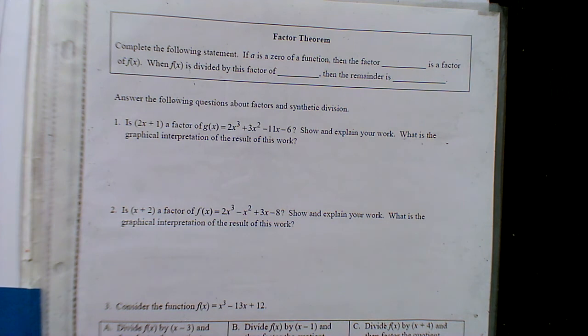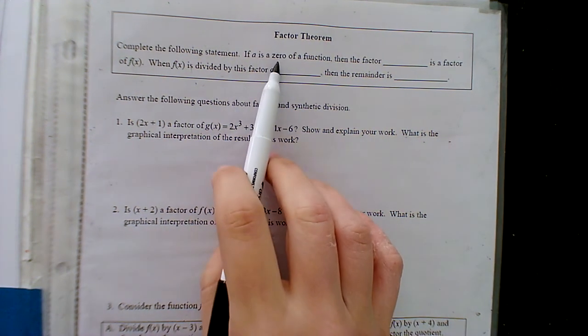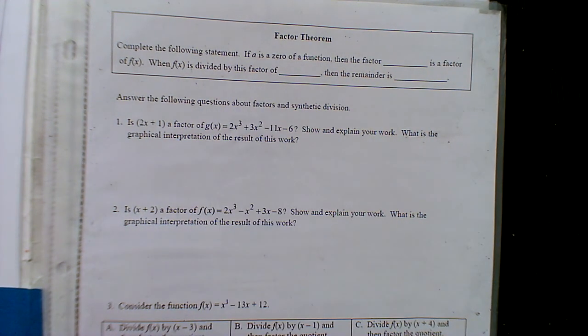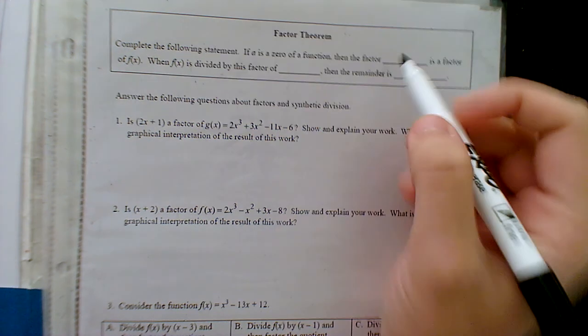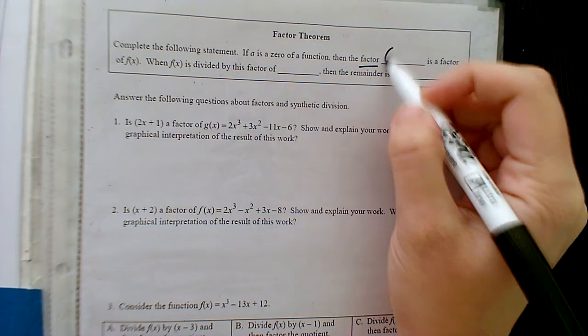All right, I think this factor theorem is going to be, I'm hoping, kind of common sense to us. We are familiar with the division process. We're familiar with a certain terminology related to division. If x equals a is a 0, meaning an x-intercept, what would the related factor look like?